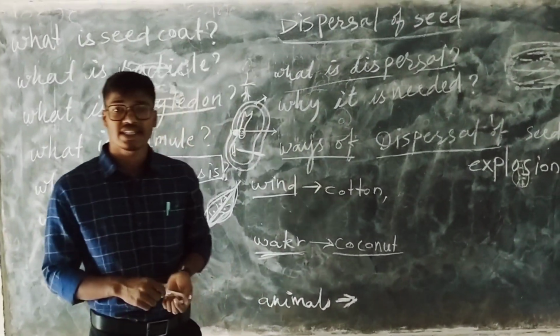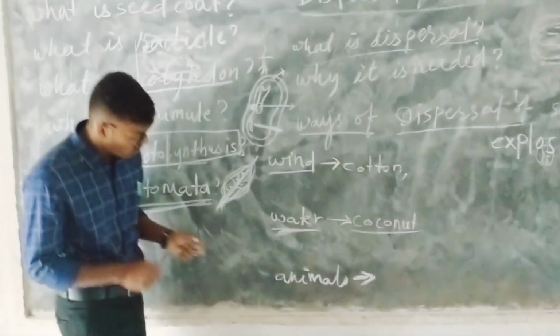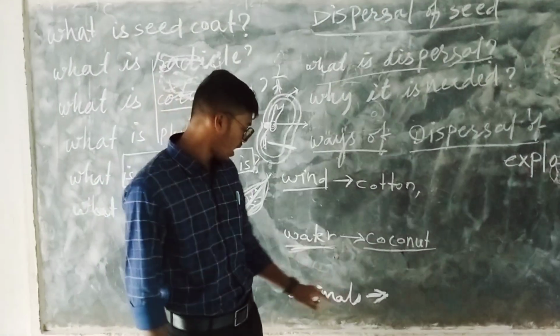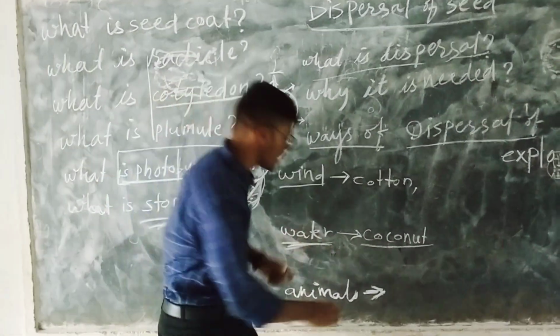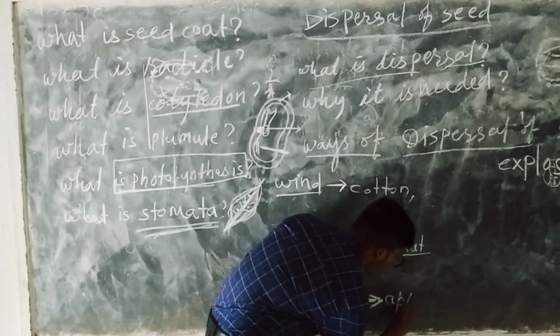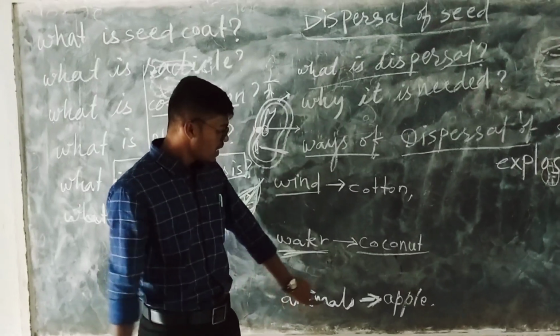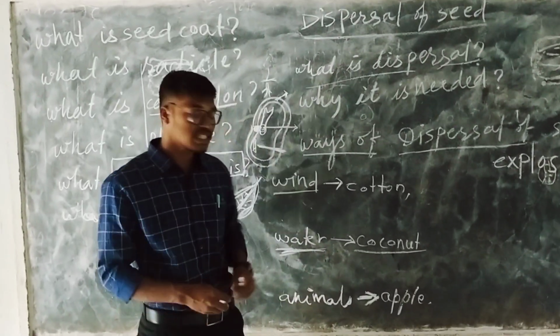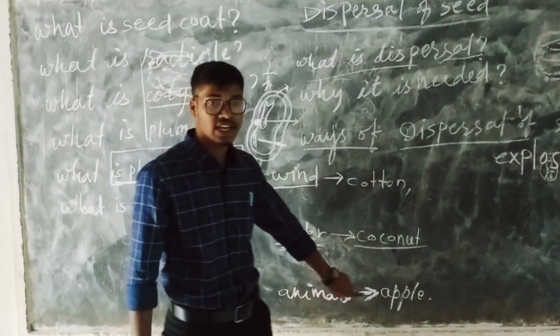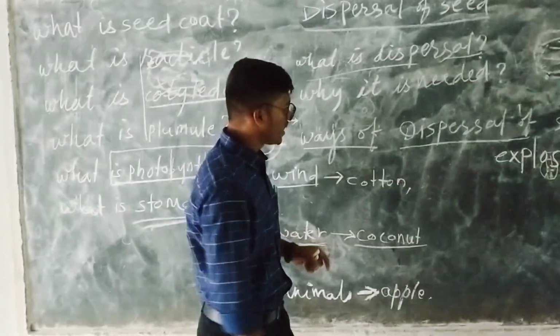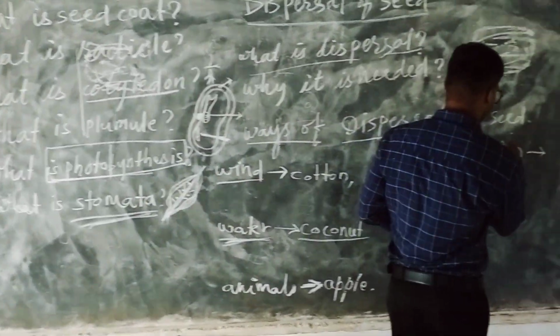sometimes the birds or animals eat the fruits such as apple, orange and so on, and after eating the fleshy part they throw out the seed. And here explosion.